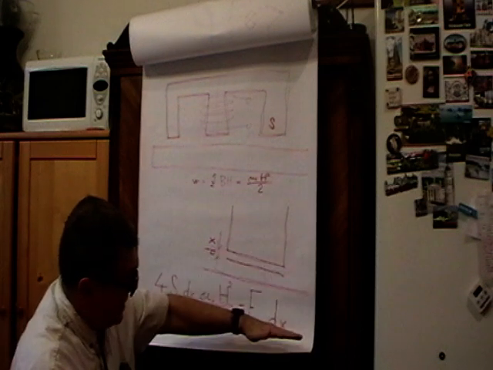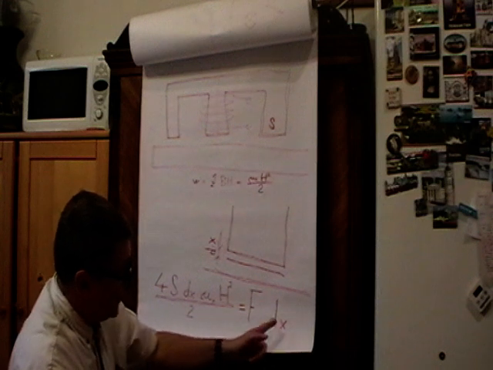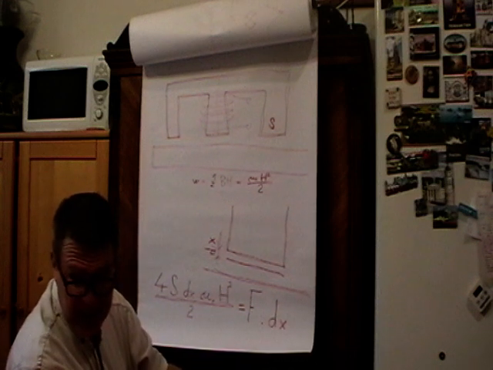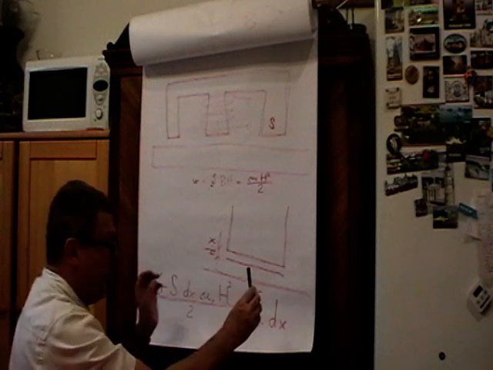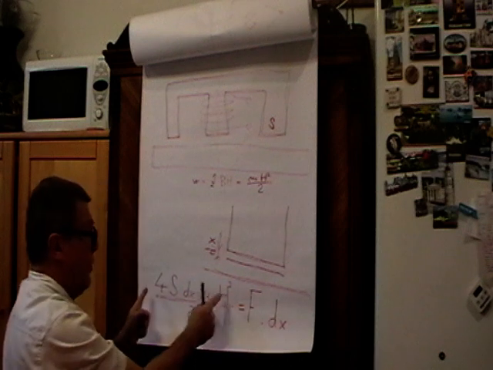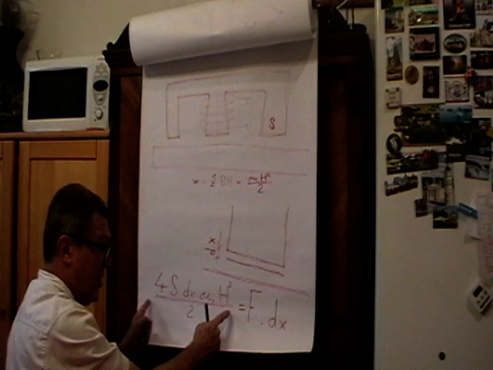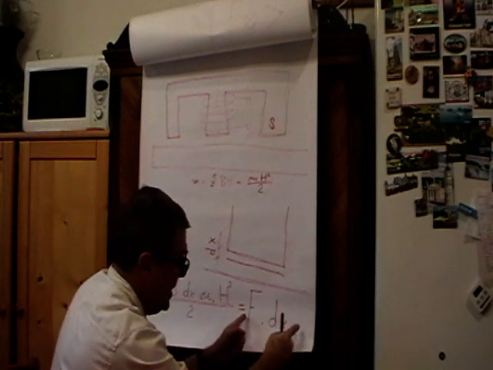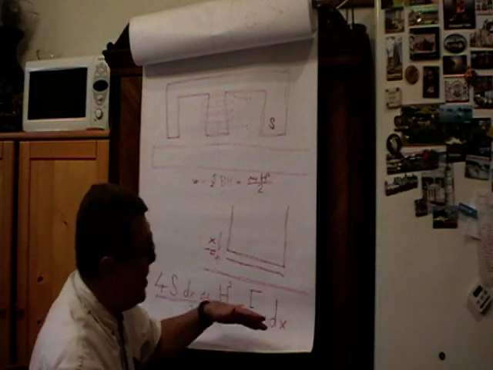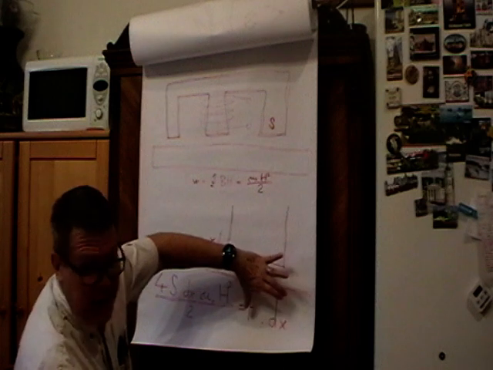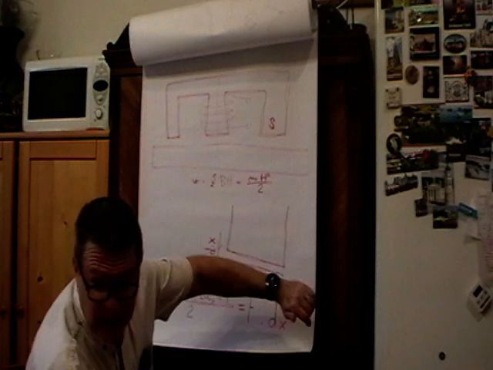The path is dx, so the force times dx is an equation for the mechanical work. So in fact we have set up an equation with the change of the energy of the field on one side and the mechanical work that has been carried out by the change on the right side.